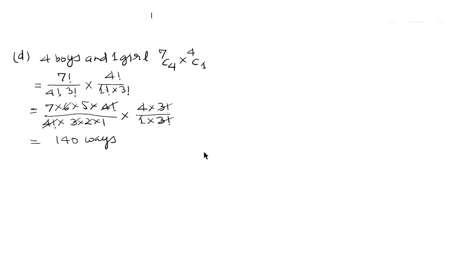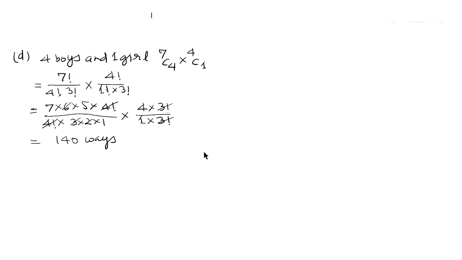So the team of 5 persons in which at least 1 girl and 1 boy is there can be constituted in 4 ways.